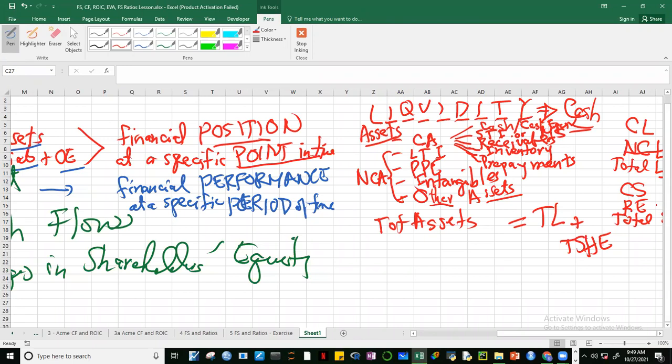Where will that fall under, guys? Which part of the assets will that fall under? Okay, let me clarify that.